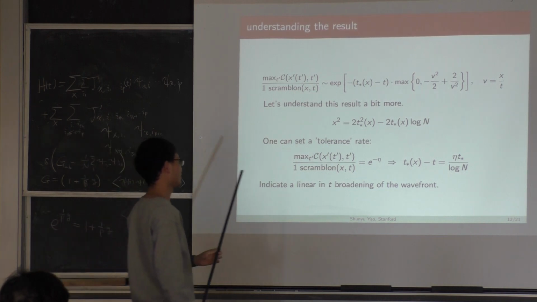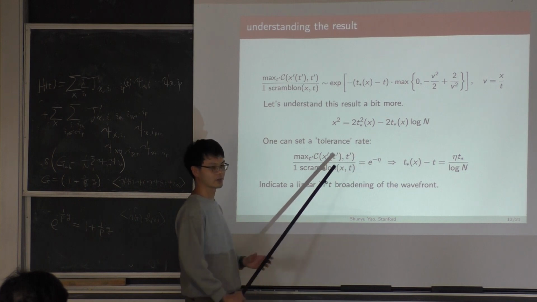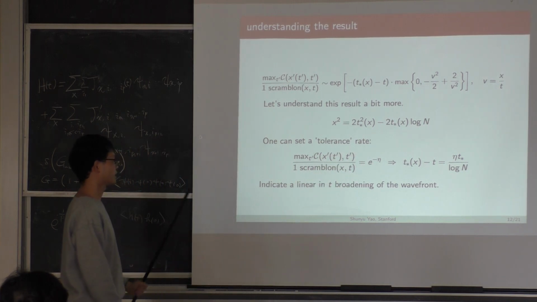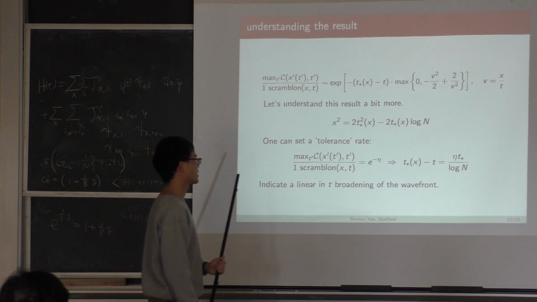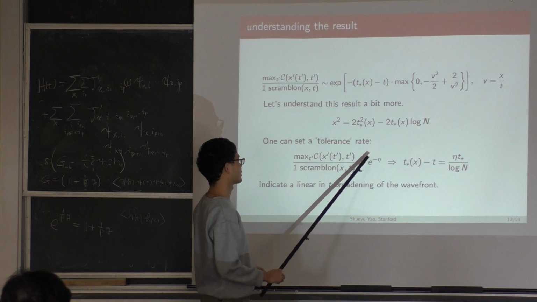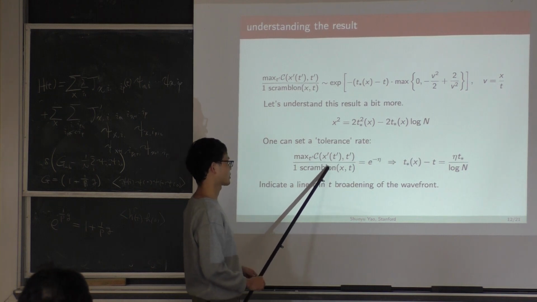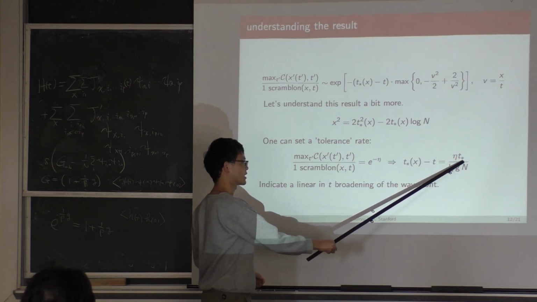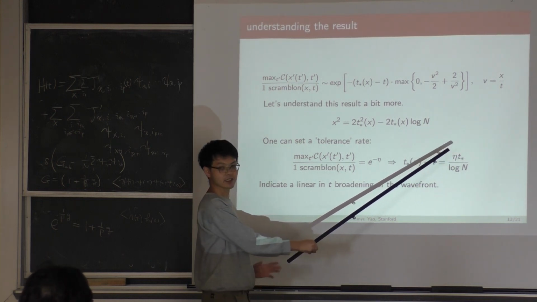So let's say we tolerate an error, which is equal to some number smaller than one, and then you can derive the time t at which the ratio of this error over the scramble is reached. And you can see that's proportional to t star as a function of x.